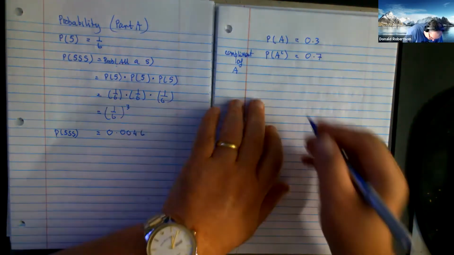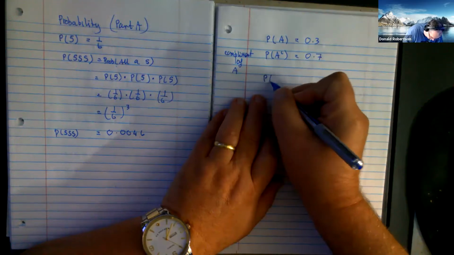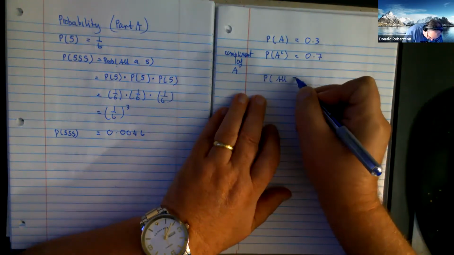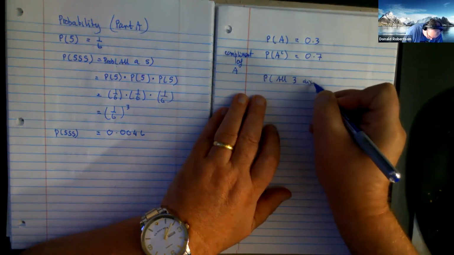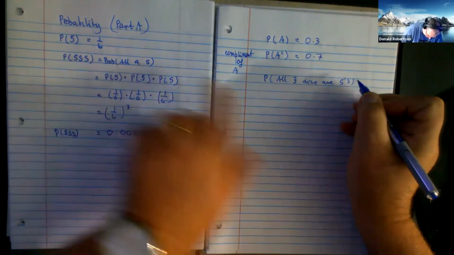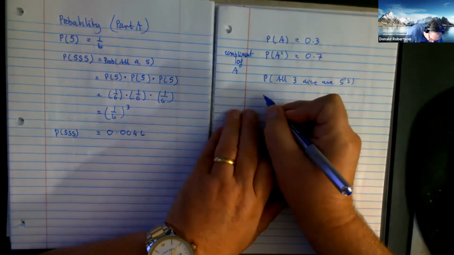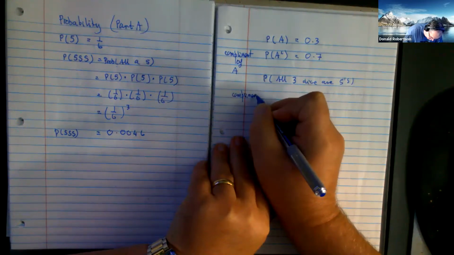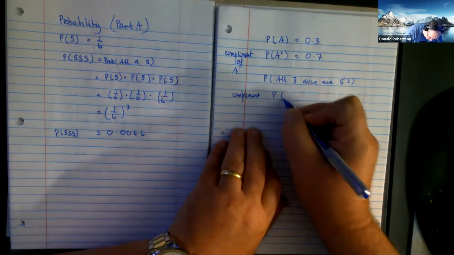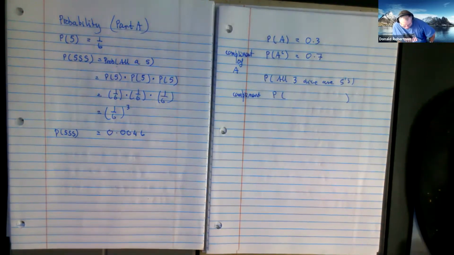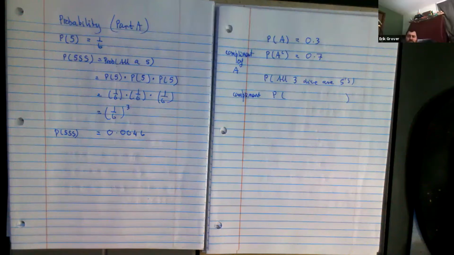Now, if I ask you for the probability that all 3 of the dice are 5s, which is essentially that, all of them are 5s. What is the complement of that event? And we have to be a bit careful here. What is the opposite? All 3 of the dice are 5. All 3 of the dice are not 5?